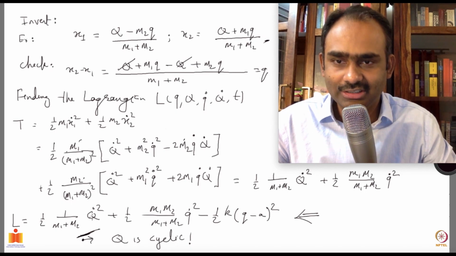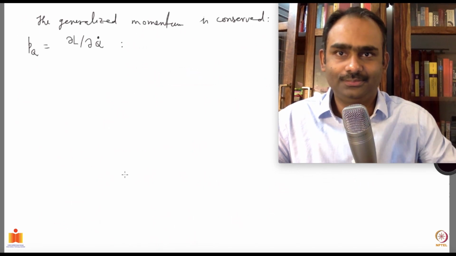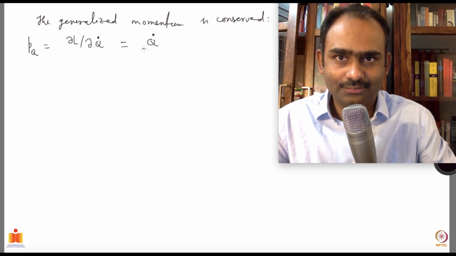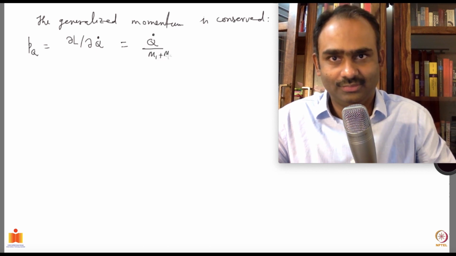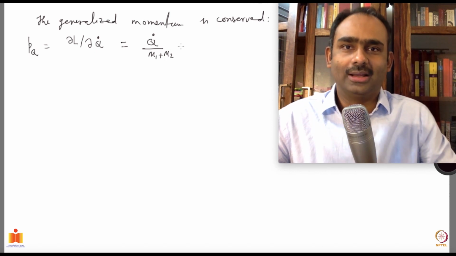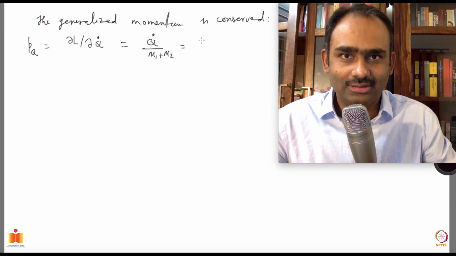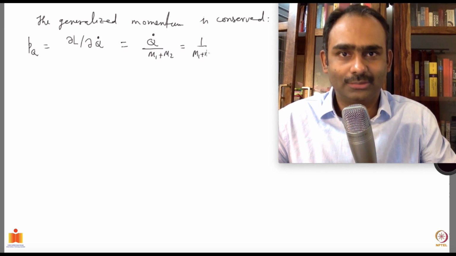If you differentiate, you'll get Q dot over M1 plus M2, which is the same as Q dot over M1 plus M2.